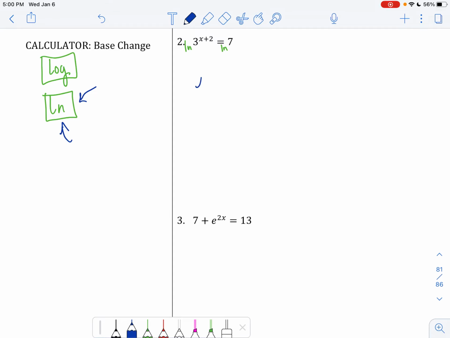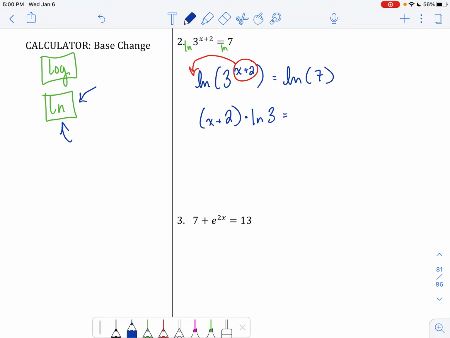So ln of both sides, and you end up with ln of 3^(x+2) is equal to ln of 7. And this is why we do this, is then the exponent comes down in front using our log rules from previous lessons. Make sure you use parentheses here. (x + 2) times ln of 3 is equal to ln of 7.